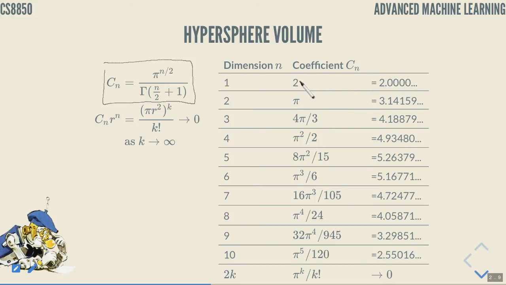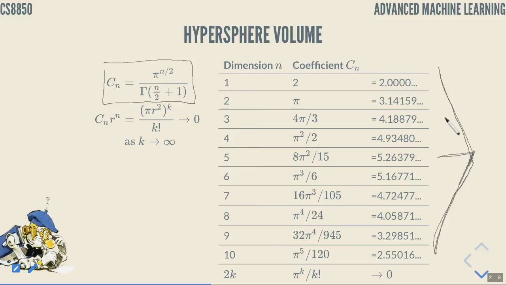This is our flat sphere, this is our circle, this is our ball, and 4-dimensional, 5-dimensional hypersphere. Look what happens. First, it grows, but then it starts falling down. Yeah, the maximum is somewhere here.